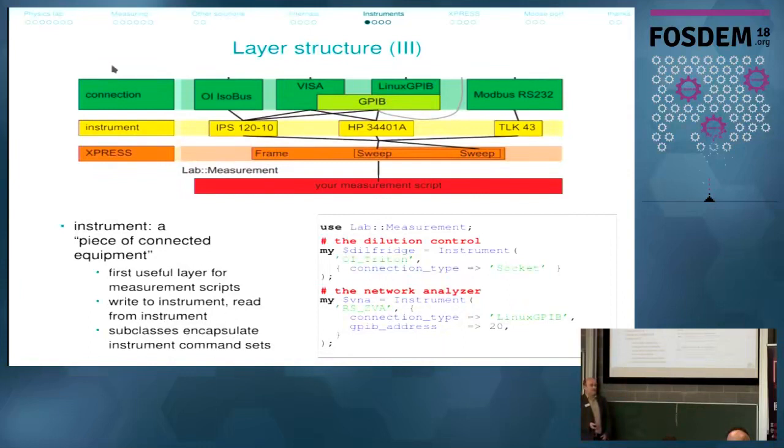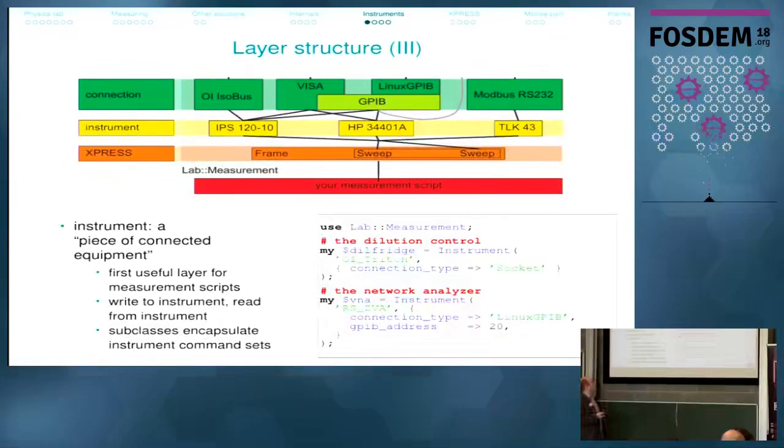The specific types of equipment means in this case that this subclass implements the language the instrument speaks. So you get your specific queries to the instrument, and you parse the specific responses that they send. And you can implement a nice interface for your end users.